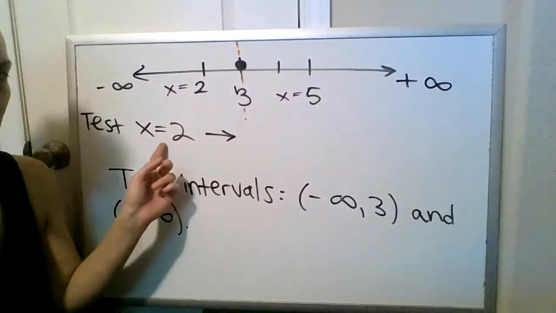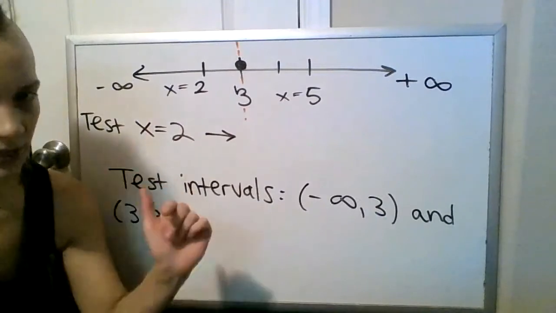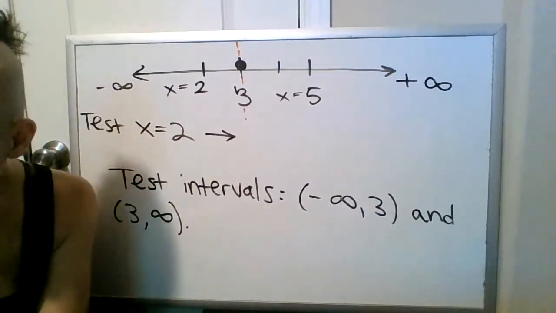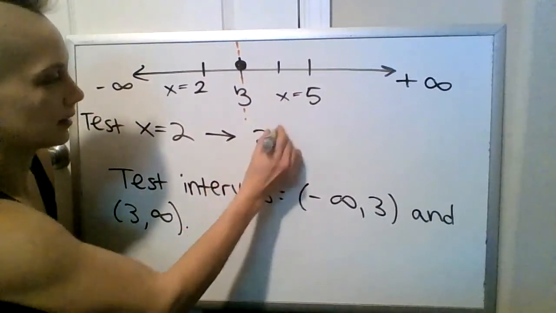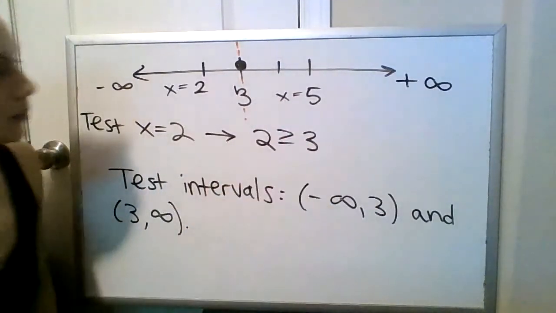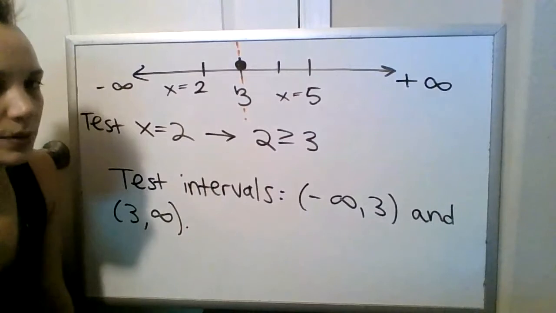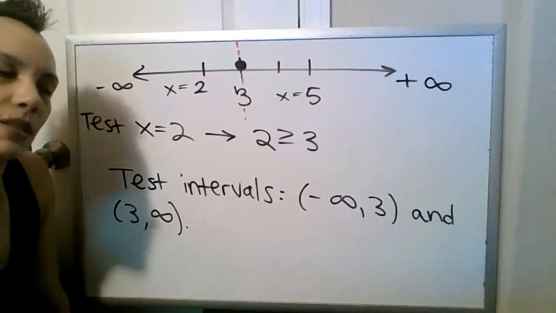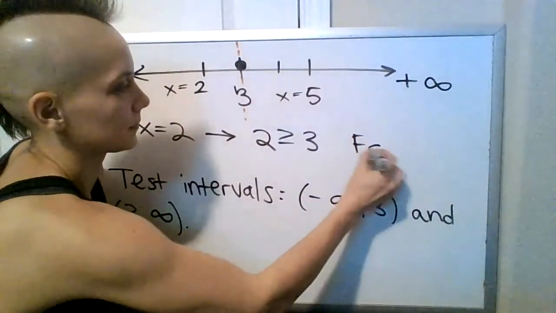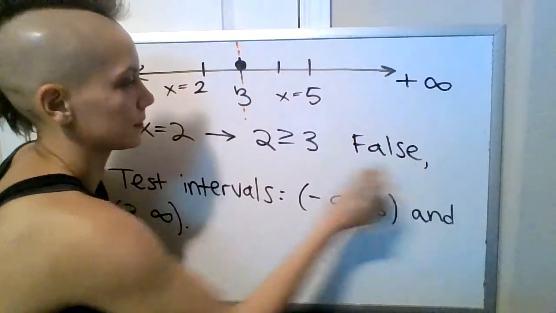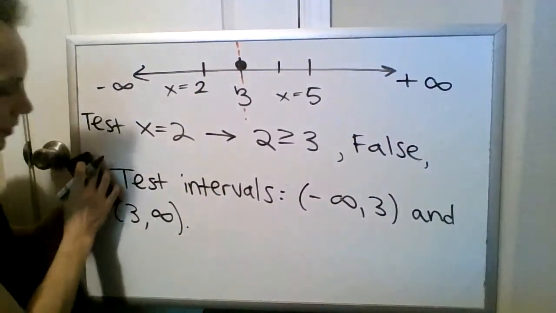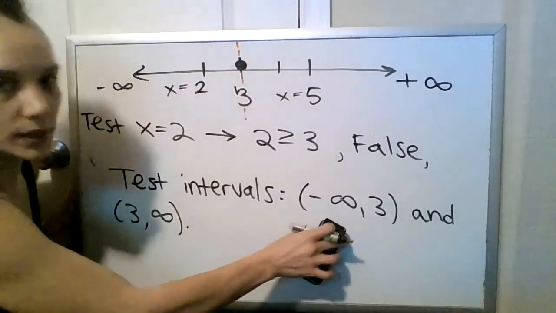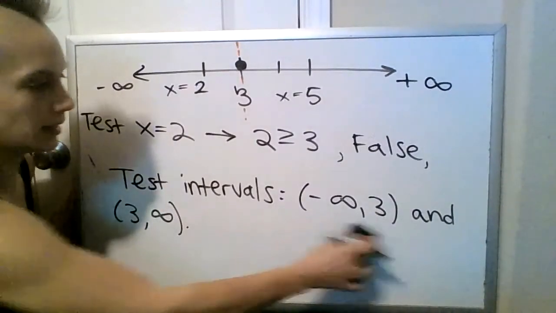Starting with x equal to 2, if we put it into the instructions from the set, which were having x greater than or equal to 3, you get 2 greater than or equal to 3, which is false. So for that first test interval, we're not going to shade over that side.